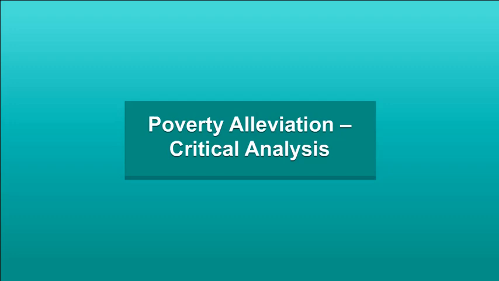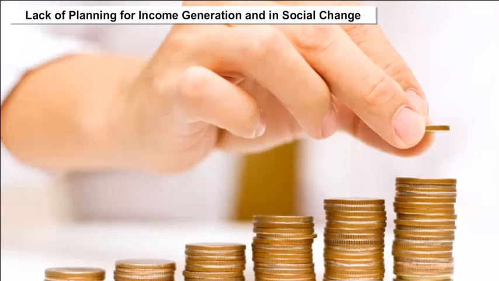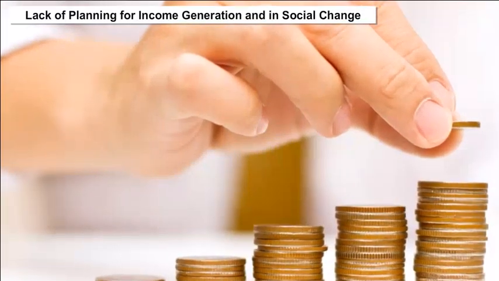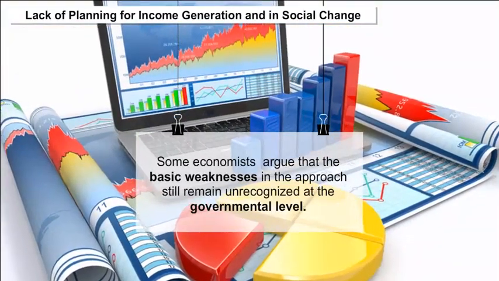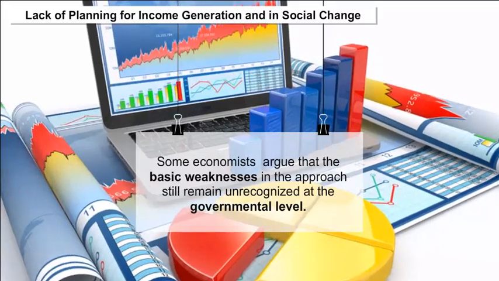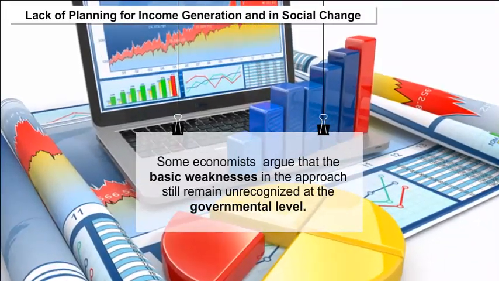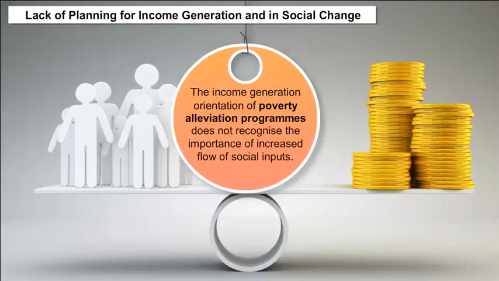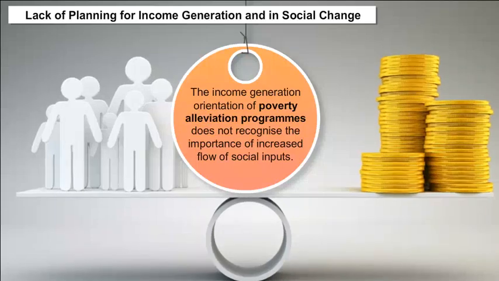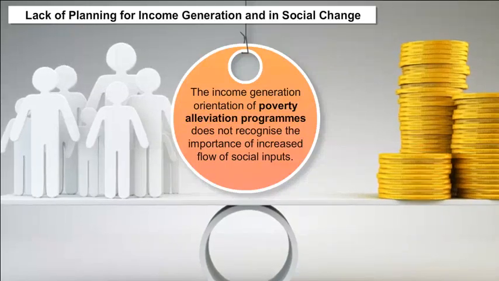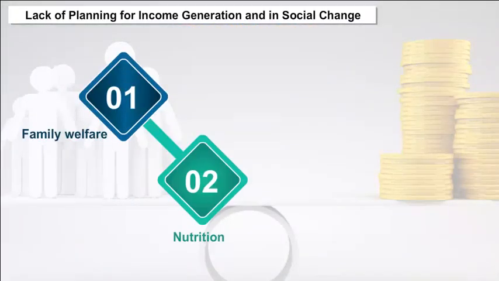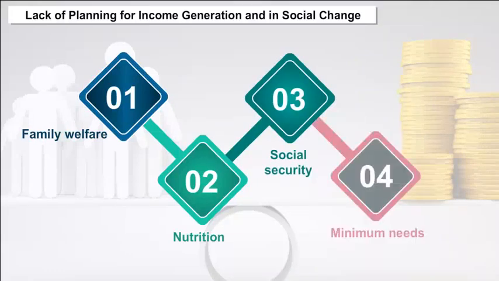Poverty alleviation critical analysis. Lack of planning for income generation and in social change. Some economists argue that the basic weaknesses in the approach still remain unrecognized at the governmental level. The income generation orientation of poverty alleviation programs does not recognize the importance of increased flow of social inputs through family welfare, nutrition, social security, and minimum needs programs on a long-term basis.